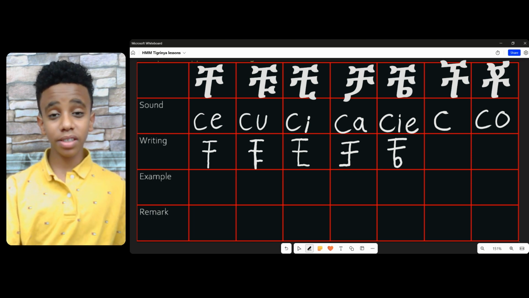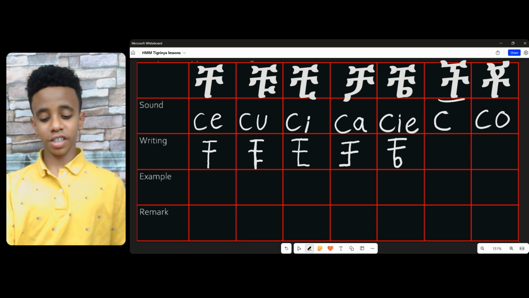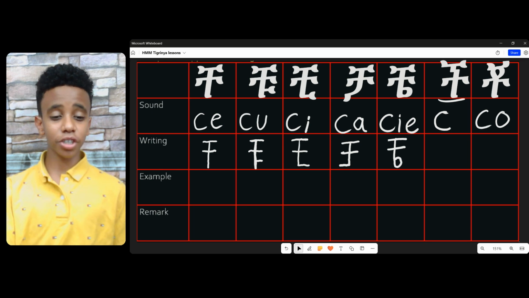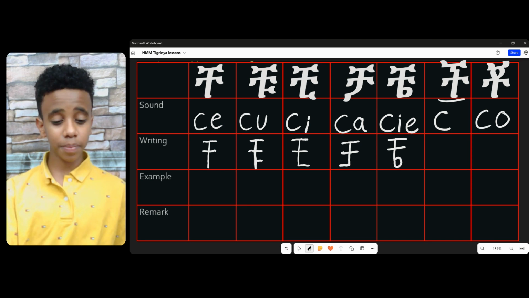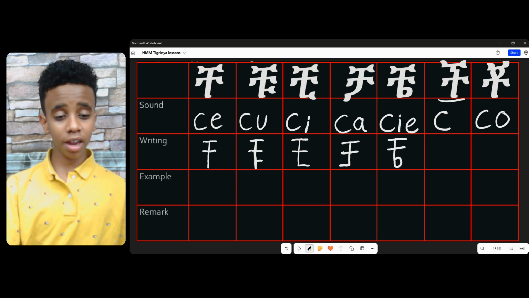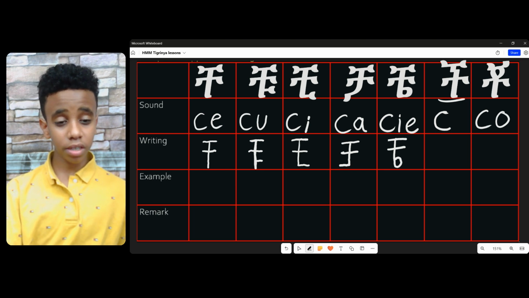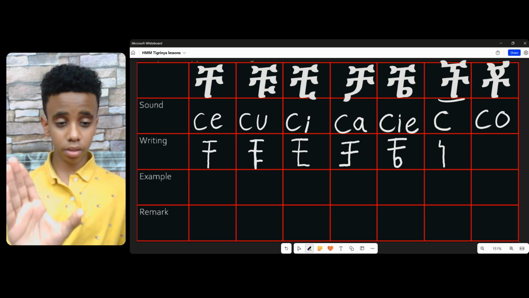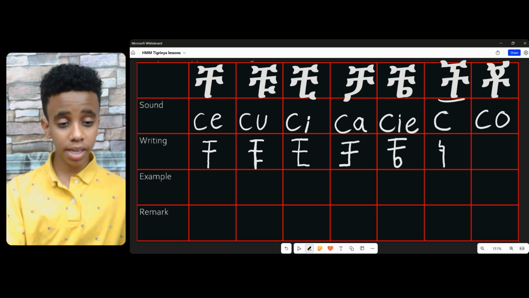Our sixth letter is the letter ch. Ch. And you can write the letter ch in Tigrinya by making t, or you could just make a ne, but that is a lot shorter on this end over here.